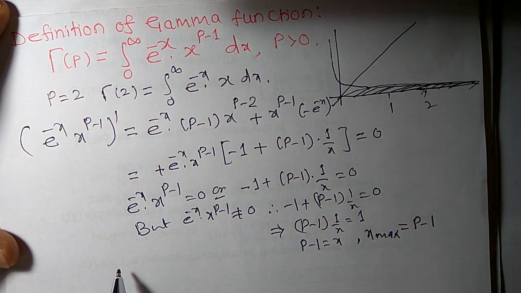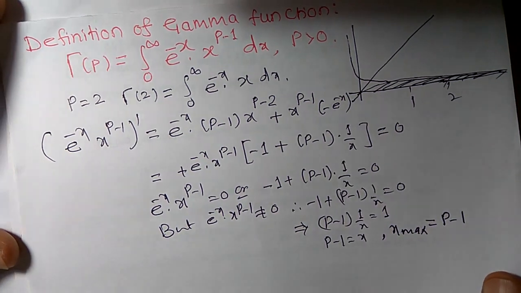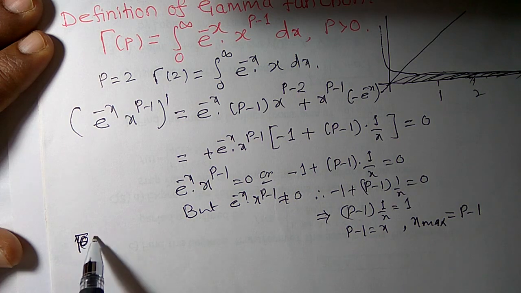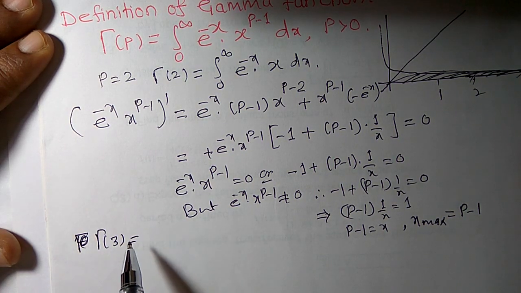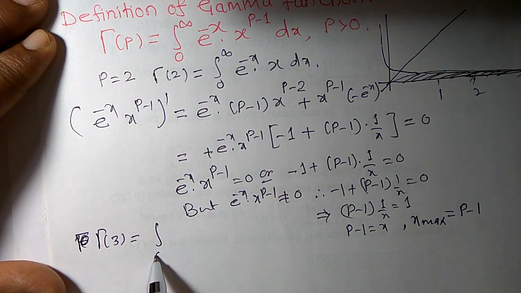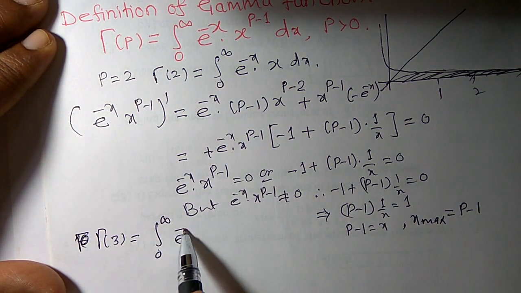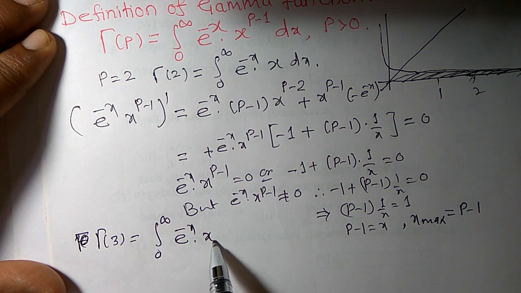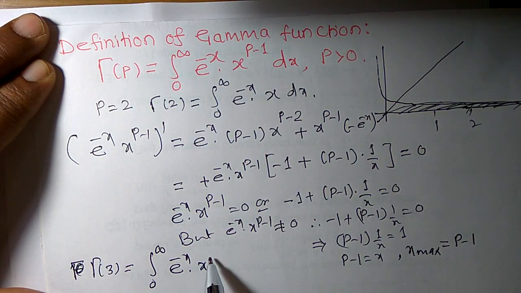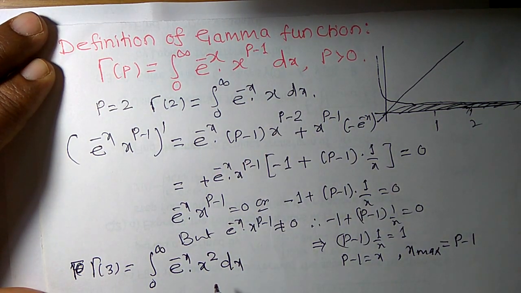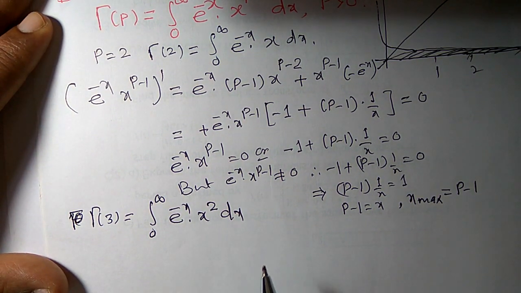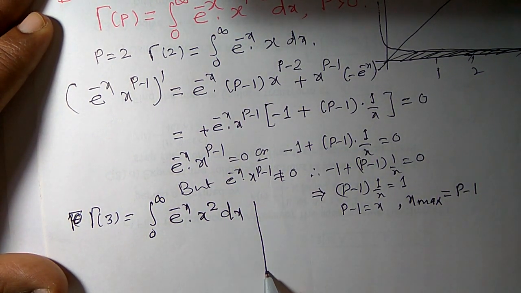Okay, now I want to take another value for p. Say I want to calculate gamma of 3. In the definition, I replace p by 3: integration of 0 to infinity e to the power minus x into x to the power 3 minus 1, which is 2, dx, right? So what will I get? A product of these two functions. So you can draw the diagram.